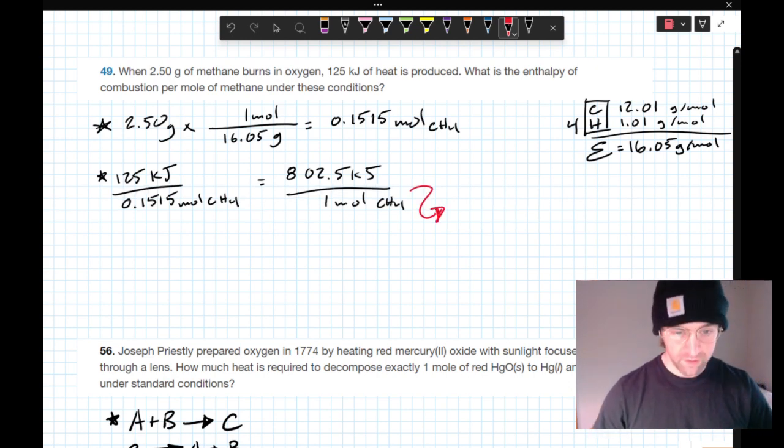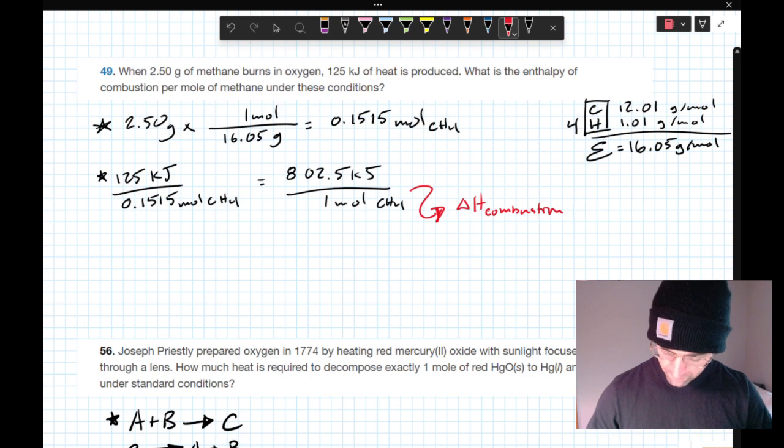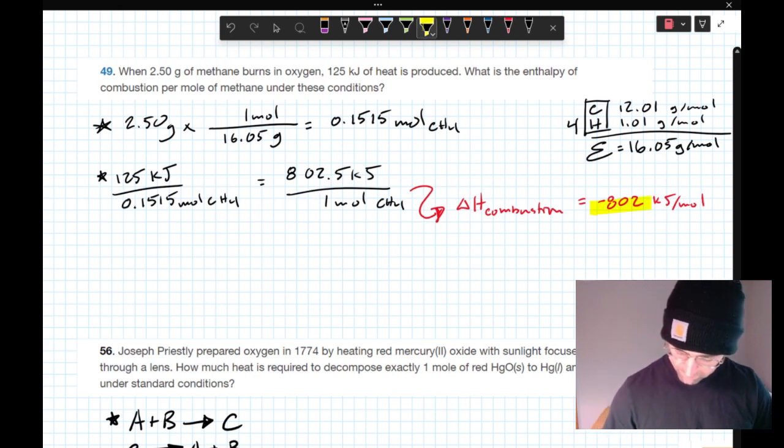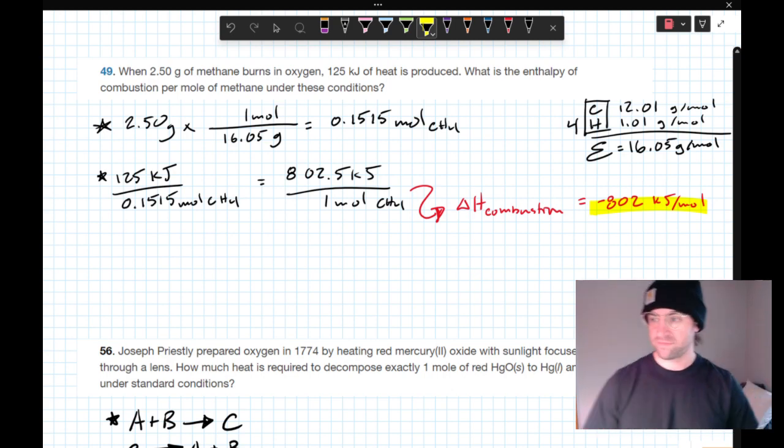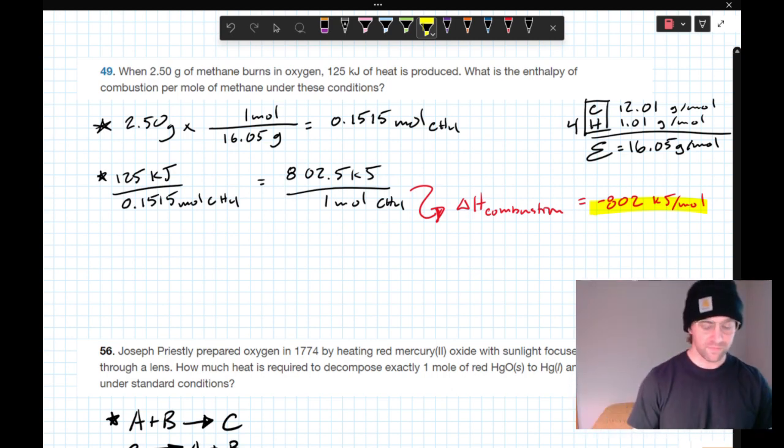And this is your enthalpy change through combustion. It can also be written as negative 802 kilojoules per mole. All right.